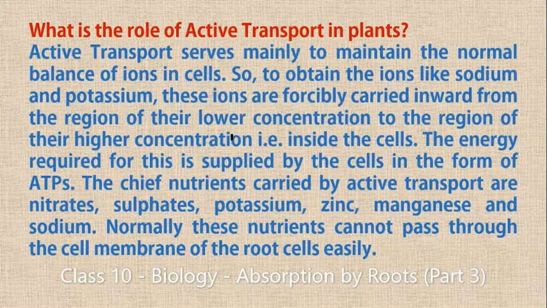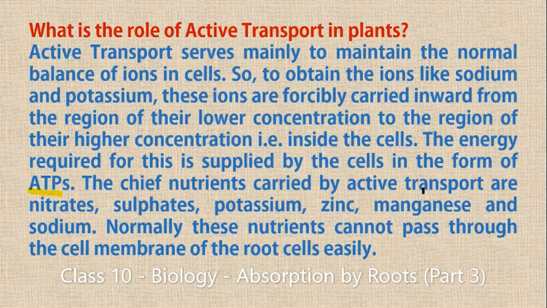So to obtain ions like sodium and potassium, these ions are forcibly carried inward from the region of their lower concentration to the region of their higher concentration, that is inside the cells. The energy required for this is supplied by the cells in the form of ATP.